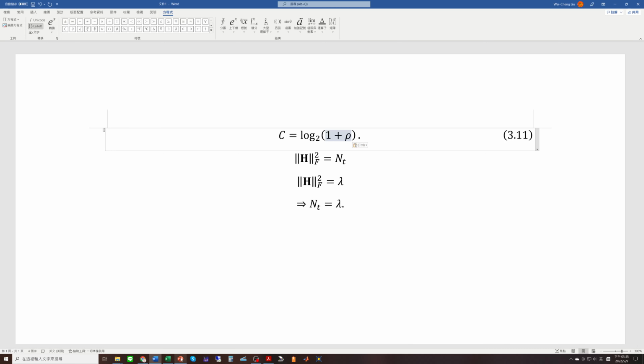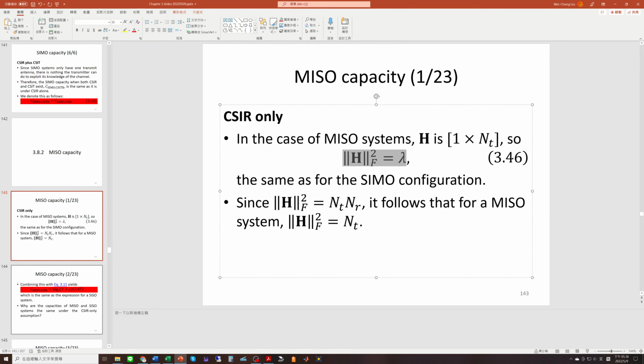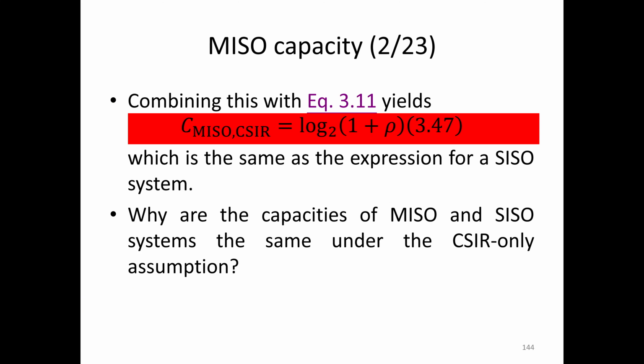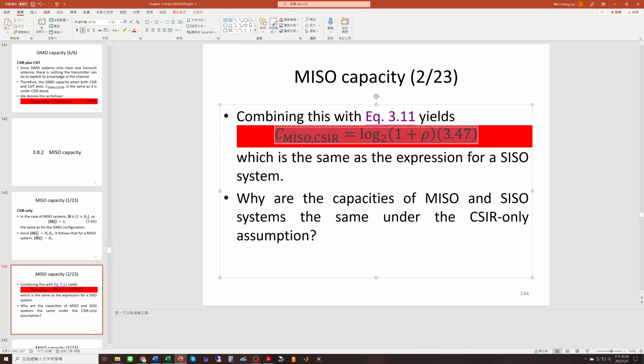Let us go back to the slides. Combining this with equation 3.11 yields C MISO CSIR is equal to log 2 of 1 plus rho.